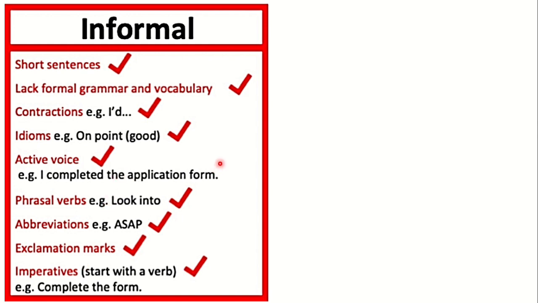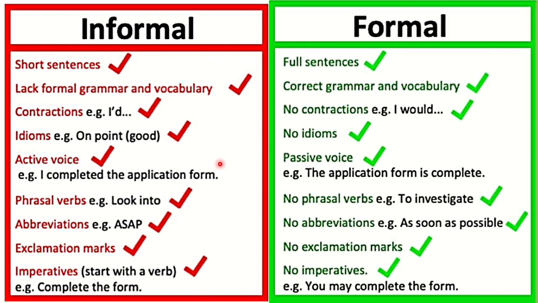But we do not use them in formal writing, because in formal writing we use the contrast of this. We use full sentences, correct grammar and vocabulary. We do not use contractions, no idioms, passive voice, or the third person point of view, no phrasal verbs, no abbreviations, no exclamation marks, and no imperatives.